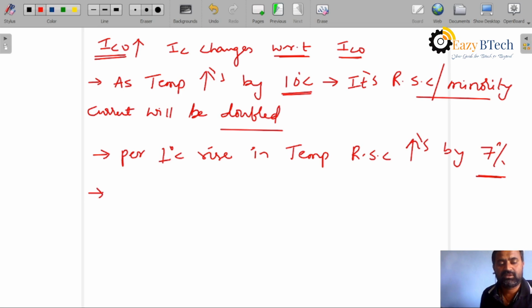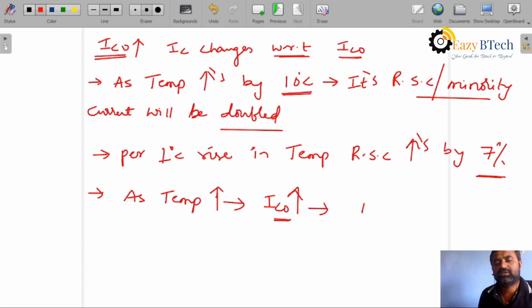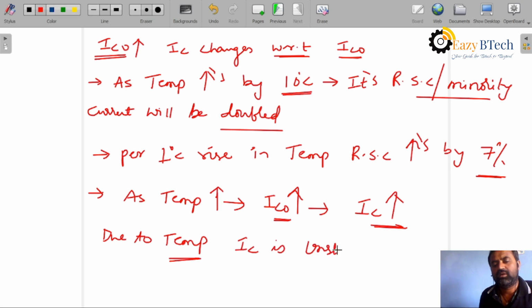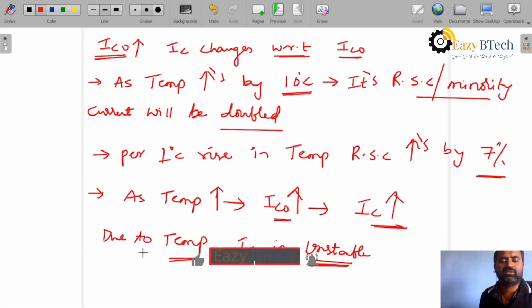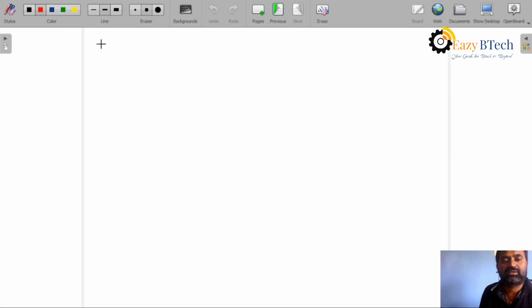It means as temperature increases, IC naught increases, and IC increases. So IC is unstable due to temperature.